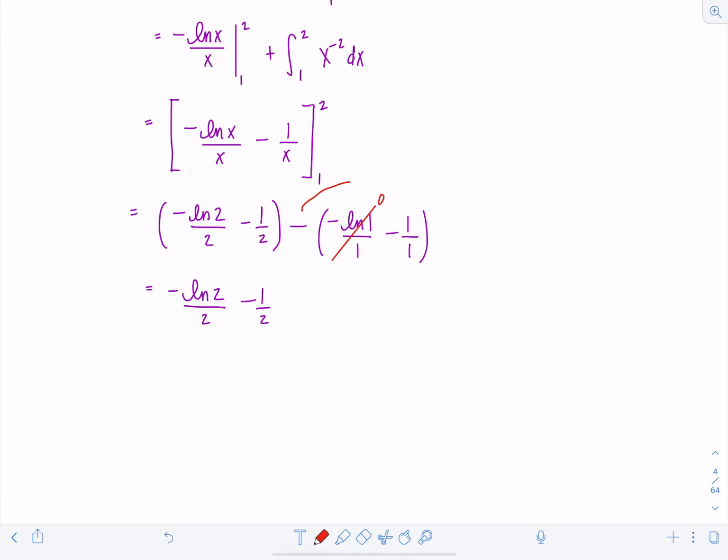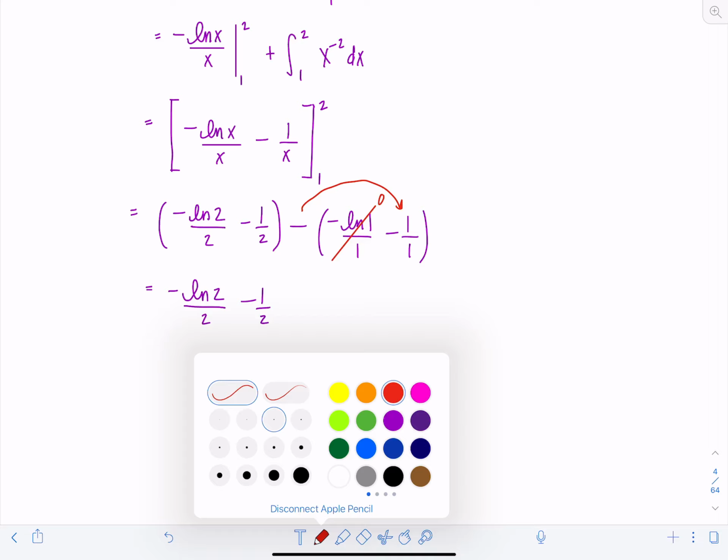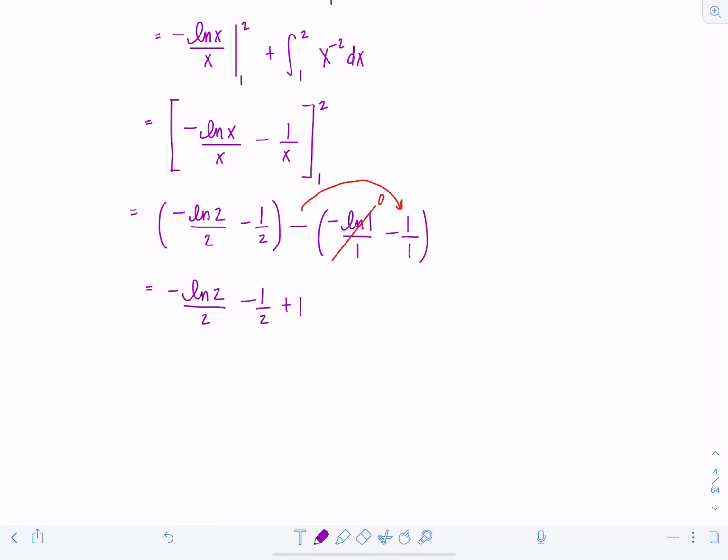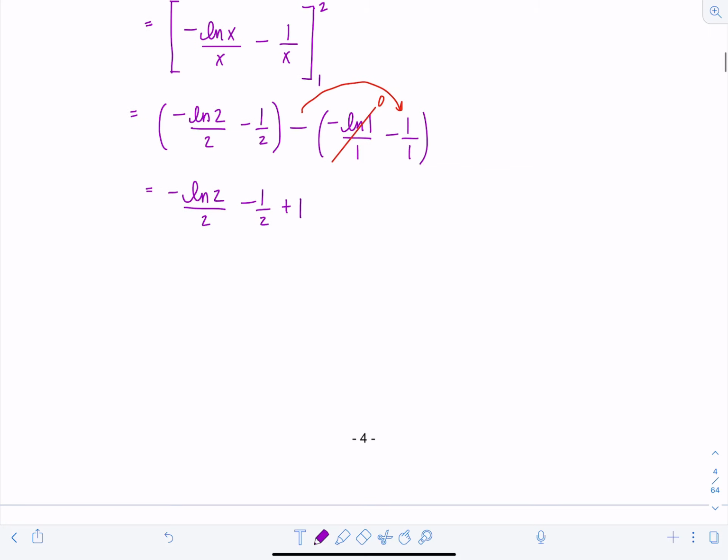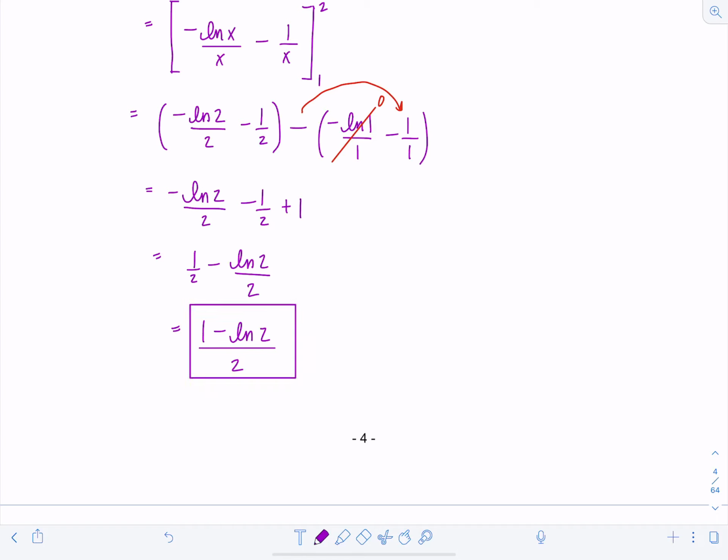And then this negative distributes here, so that means I have plus 1. So I just have 1 minus a half to combine. So that's 1/2 minus natural log of 2 over 2. I mean, they already have a common denominator, so let's just write 1 minus natural log of 2 all over 2, right? Why not? Looks beautiful. And there's our answer.